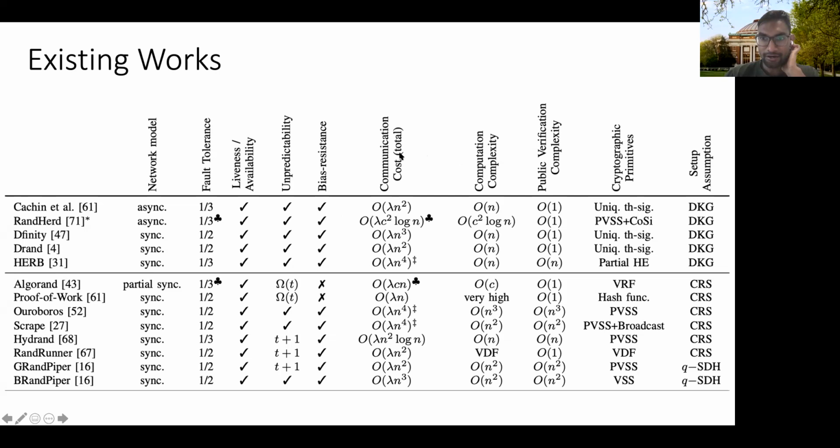And the next 3 are performance metrics. We have communication cost, computation cost, and public verification cost. Our main goal is to reduce the communication cost. Because now we actually have distributed networks of a few hundred nodes that we're interested in.